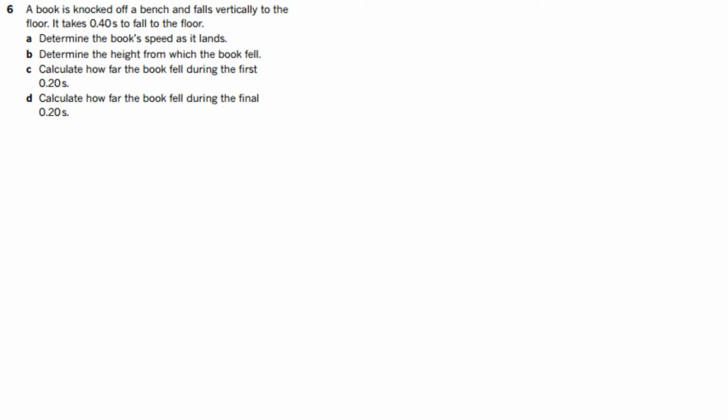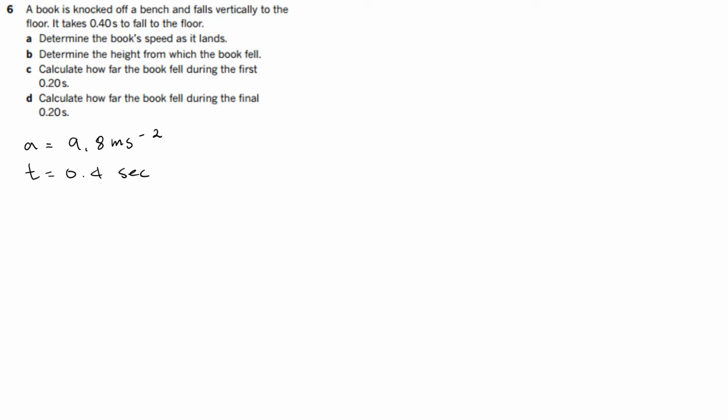Question 6 says a book is knocked off a bench and falls vertically to the floor. It takes 0.4 seconds to fall to the floor. Determine the book's speed as it lands. A book is falling, which means the acceleration is gravity, which is 9.8 meters per second squared. It gives us the time, t equals 0.4 seconds.